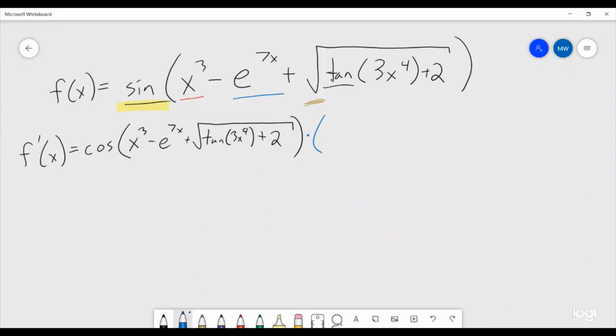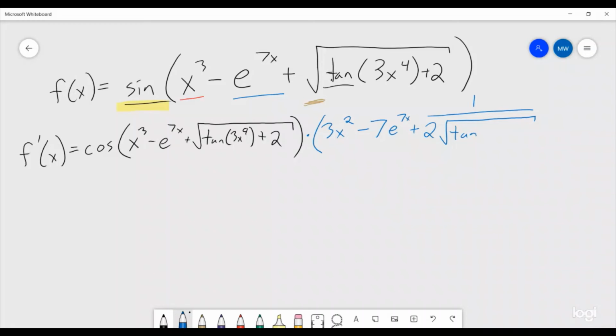So the derivative of x cubed is 3x squared. The derivative of e to the 7x is 7e to the 7x. And then the derivative of the square root, that is going to be a 1 divided by 2 times the square root.